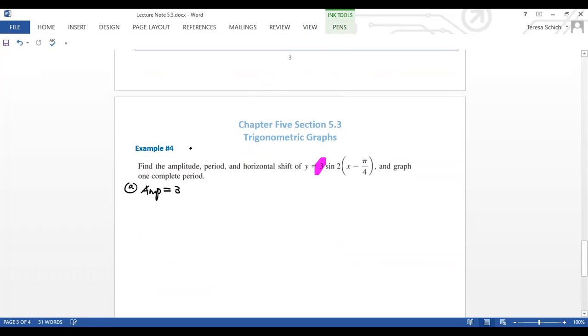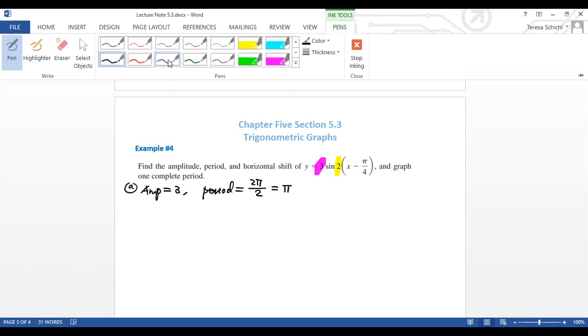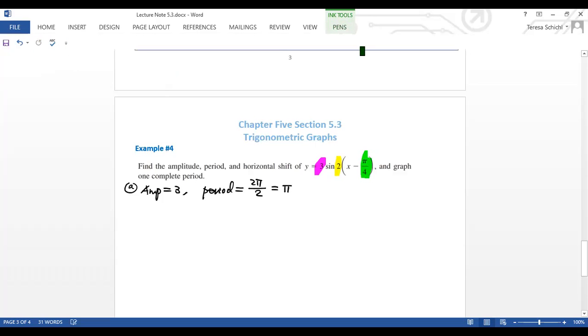Oh, okay, I see these numbers here too. That is related to the period, right? So I know the period is going to be 2 pi over 2, so the period is pi. The next thing here is minus pi over 4.